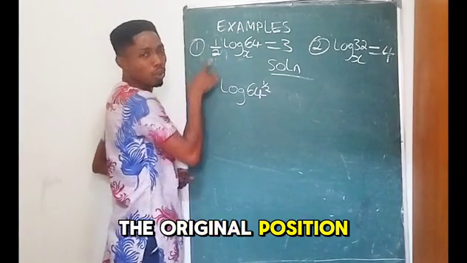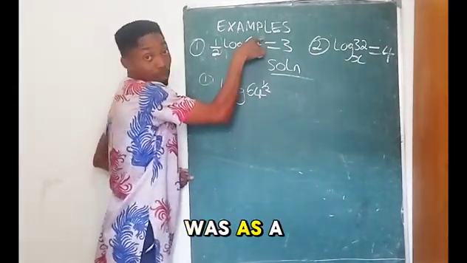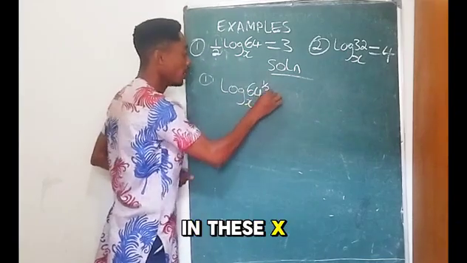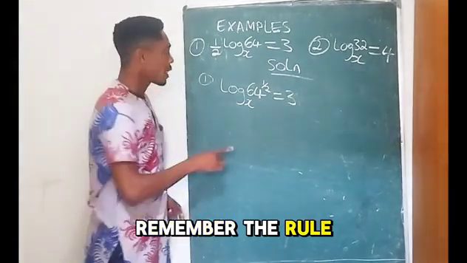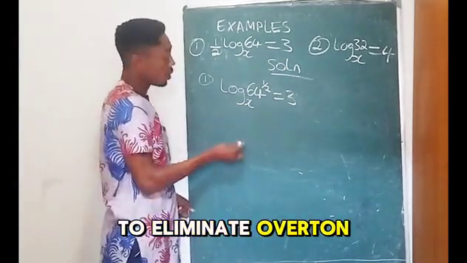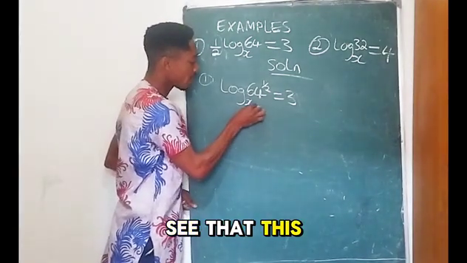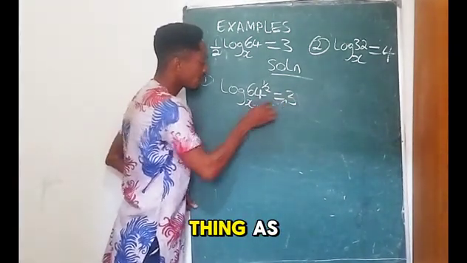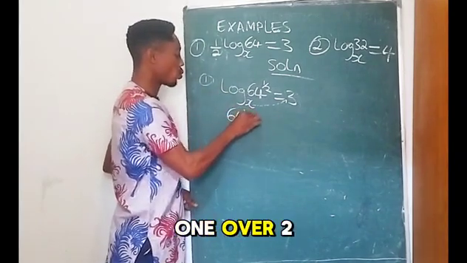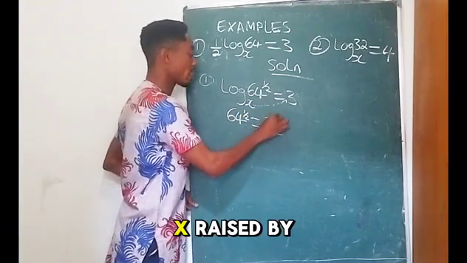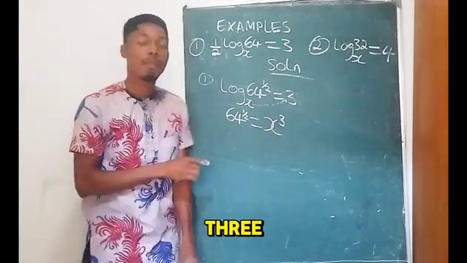The original position of 1 over 2 was as a power of 64. Remember the rule that we had to eliminate the logarithm. So this is the same thing as, without the logarithm, 64 raised to power 1 over 2 equals x raised to power 3.